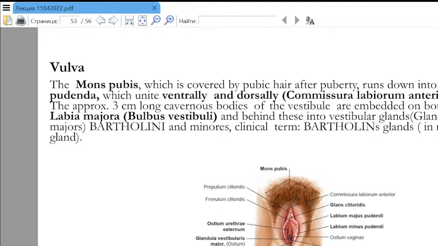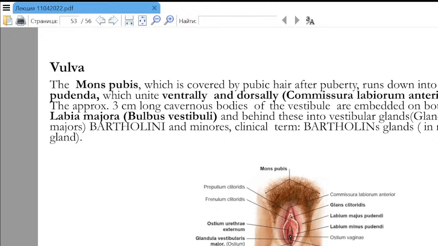The approximately 3 cm long cavernous bodies of the vestibule are embedded on both sides into the labia majora, bulbus vestibuli, and behind this are the vestibular glands, glandula vestibularis major, Bartholini, and minores.